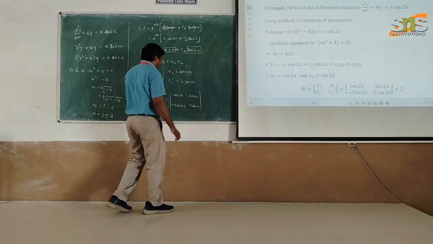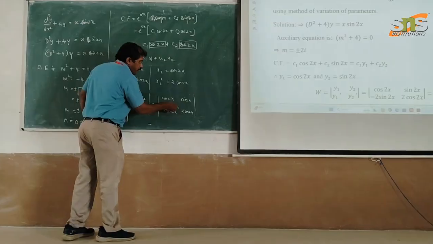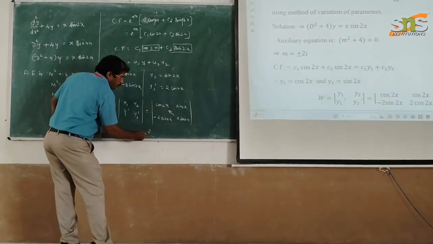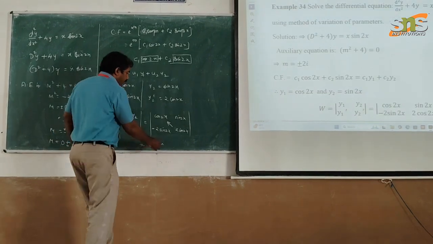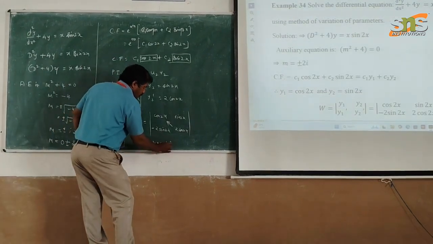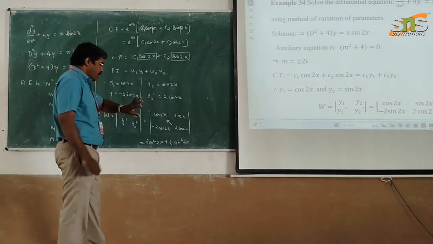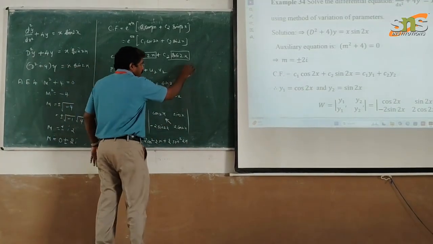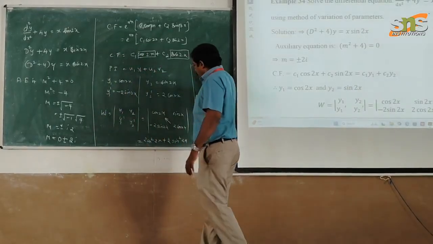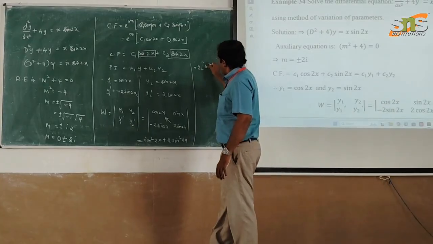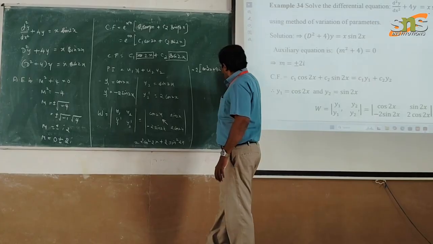Now you can cross multiply, since this is a kind of determinant. When you cross multiply, you get 2 cos² 2x, then minus minus plus 2 sin² 2x. Now you can take 2 as common outside, so you get cos² 2x plus sin² 2x.